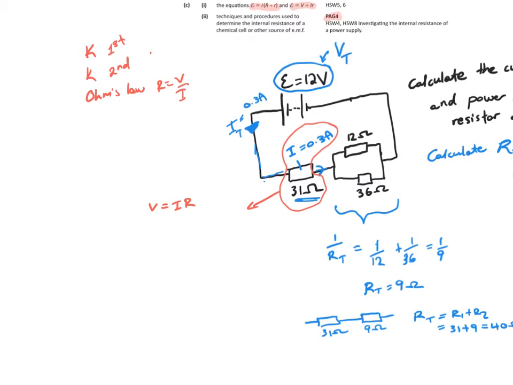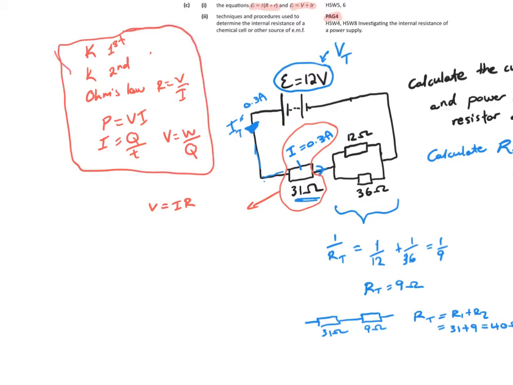You might also at times need to use these equations depending on what the question is asking you to. So these are the very important parts to be able to use to analyze any circuit. And obviously the combination of resistors, don't forget that. So R total in the circuit and how you can calculate that.